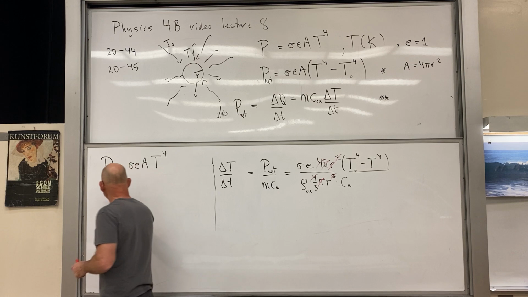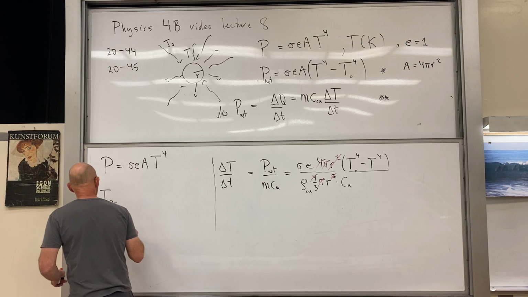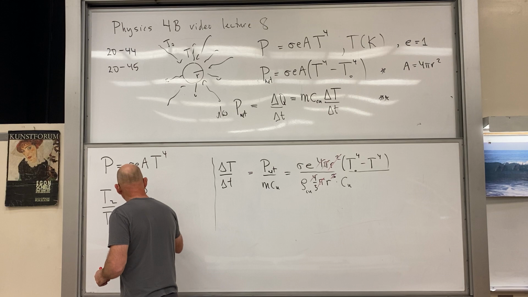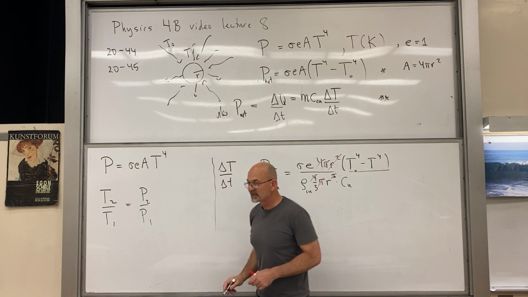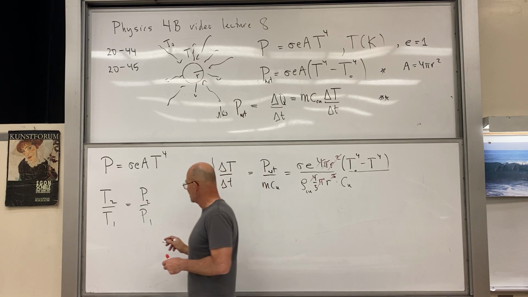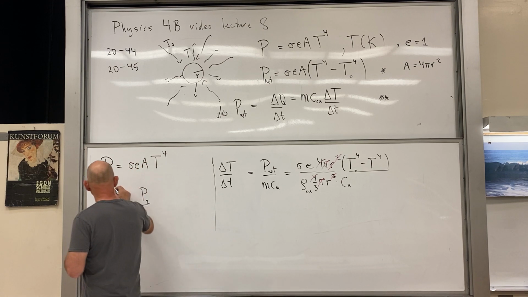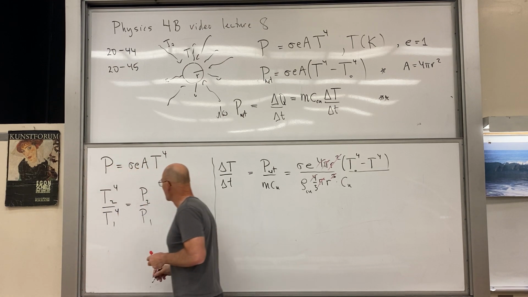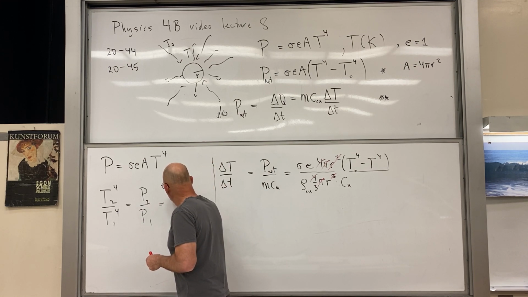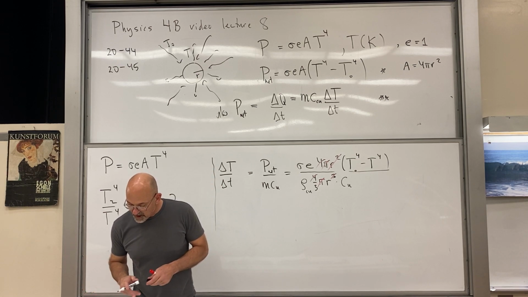What we can do is write T2 over T1, oh, not so fast, T2 over T1 to the 4th is equal to power 2 over power 1. Okay? We're just taking the same equation twice. These remain constant. And this was only going to be doubled. Is that right? Checking my paper here. That's right, it's going to be doubled.